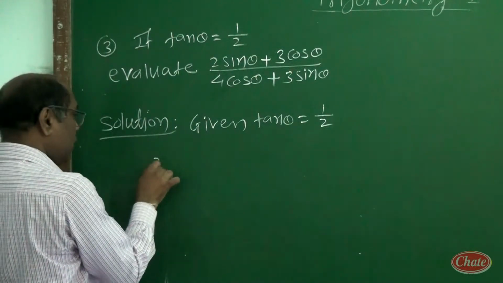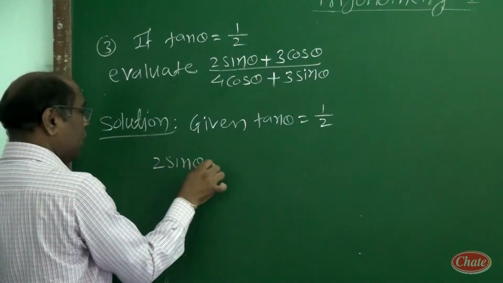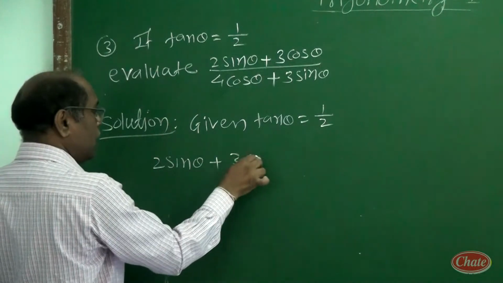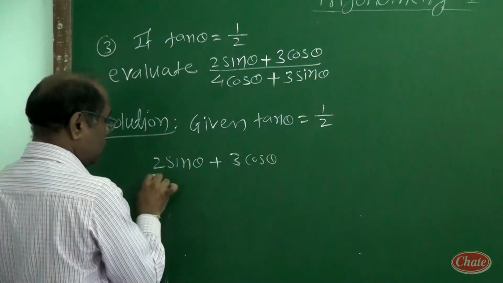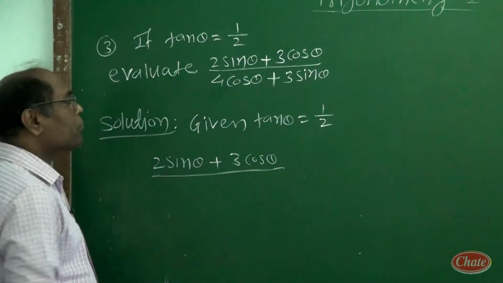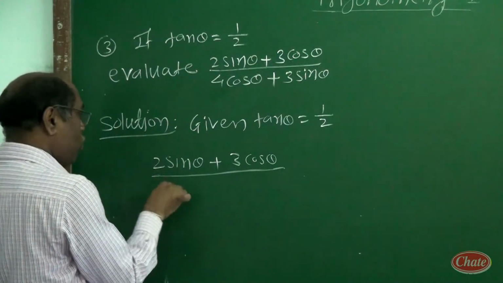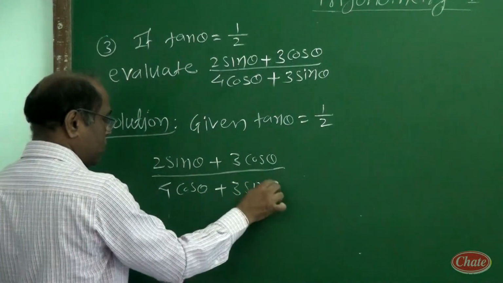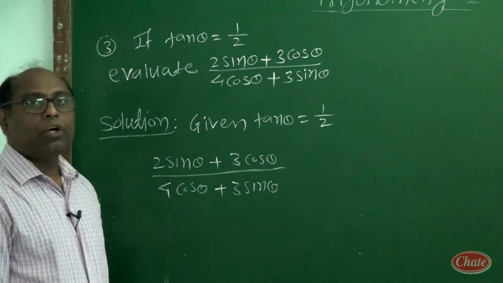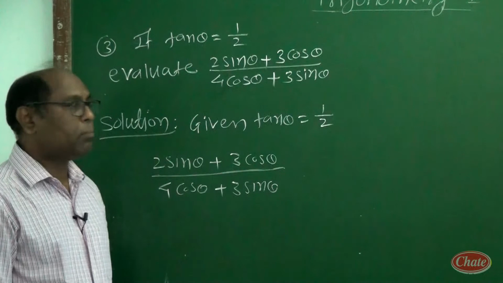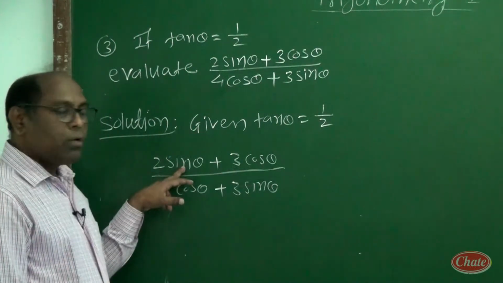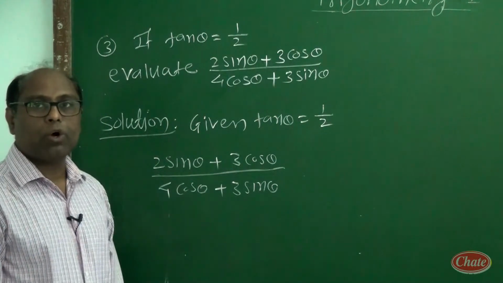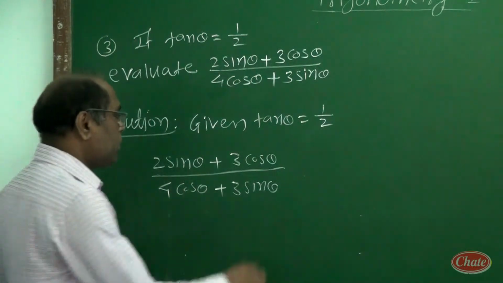So here we have (2 sin theta plus 3 cos theta) divided by (4 cos theta plus 3 sin theta). Now we have to divide the numerator and denominator by cos theta, that is, divide each term by cos theta.